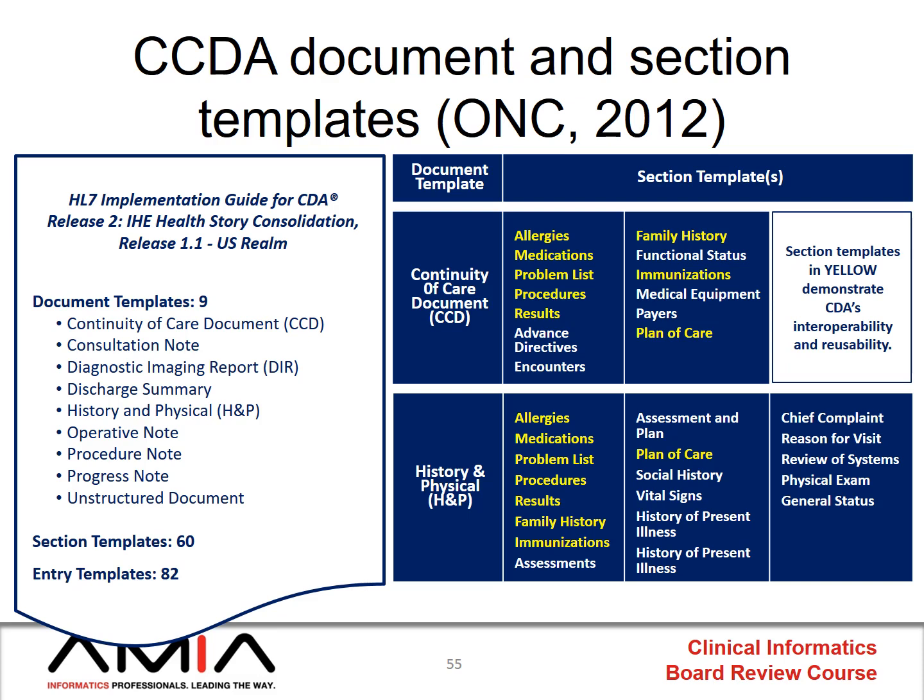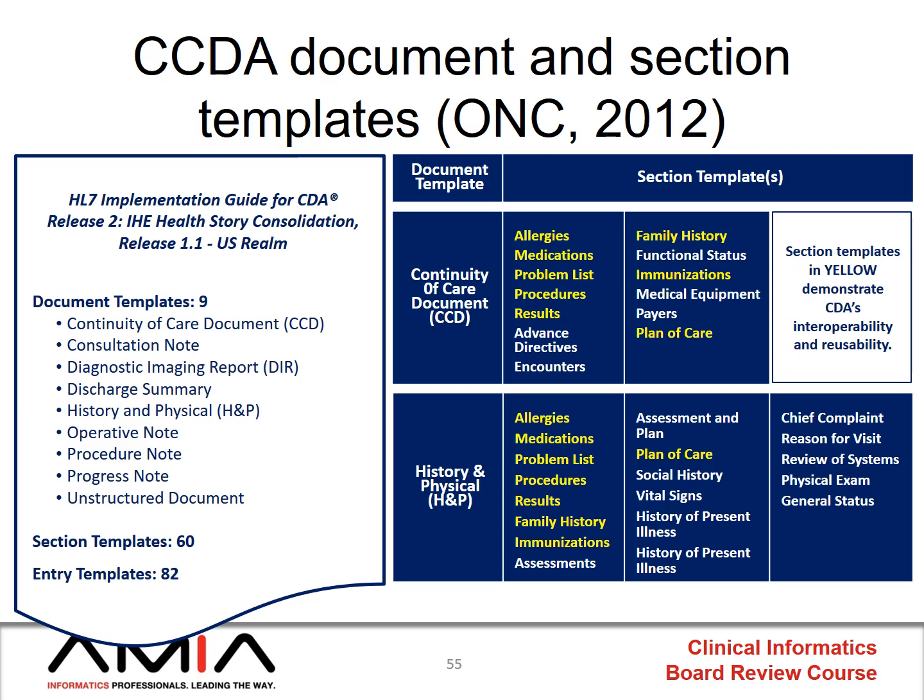The continuity of care document, which we'll describe more in a moment, but other documents that are more common to medical records historically, like consultation notes, discharge summaries, history and physical, operative note, progress note, etc. These 9 document templates can be made up of the section templates, and 60 have been defined, and then within those section templates are data entry templates, of which there have been 82.